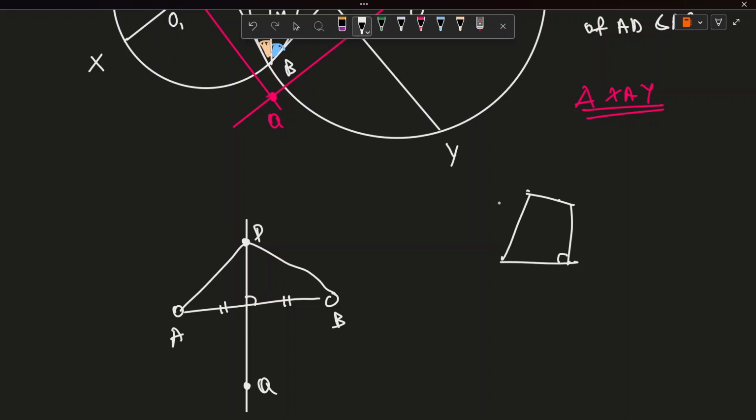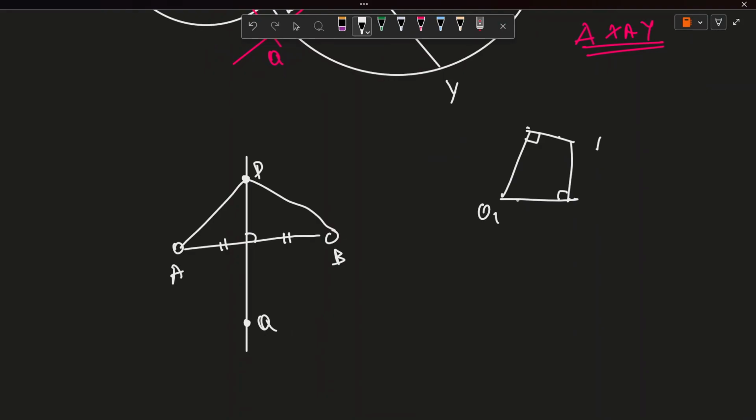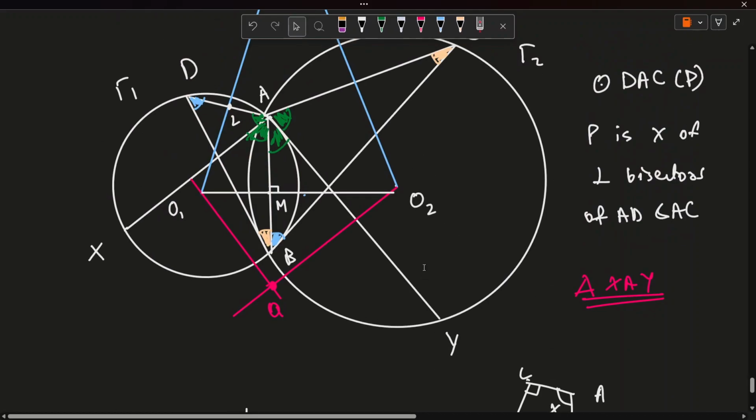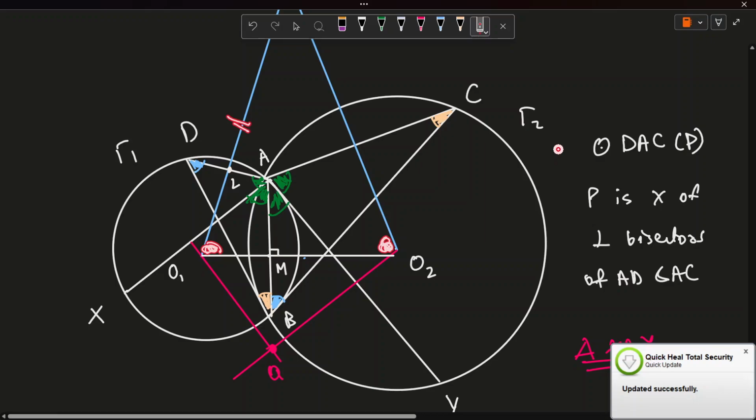Okay, this is perpendicular, and this is O1, ALM. Suppose this angle we write as X, so this is 180 minus X. So angle LAM is equal to X. And if we know that LAM is X, as I had shown earlier, we know that this angle is also X. This angle is also X, and in exactly the same manner we can conclude that this angle is also 180 minus X, and we had proved that this angle is also 180 minus X, so these two sides are equal.